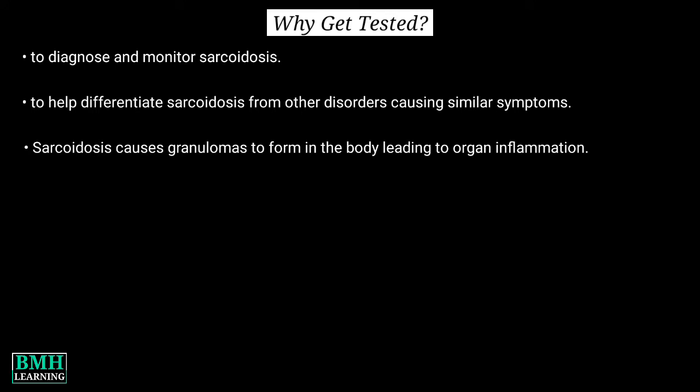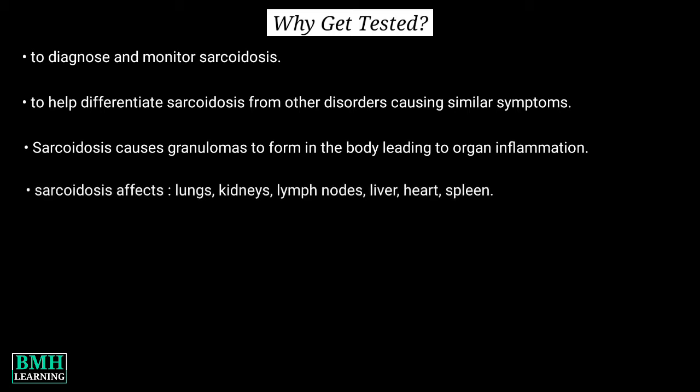Sarcoidosis causes inflammatory cells called granulomas to form in the body, leading to organ inflammation. This condition affects a number of organs including lungs, kidneys, lymph nodes, liver, heart, and spleen.